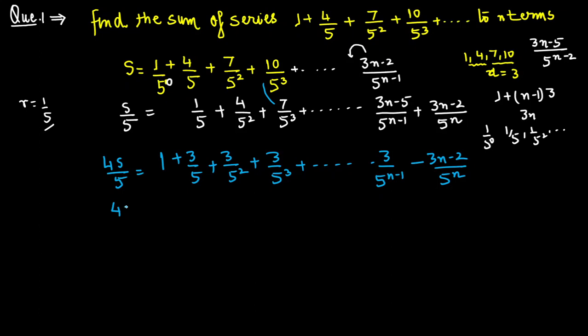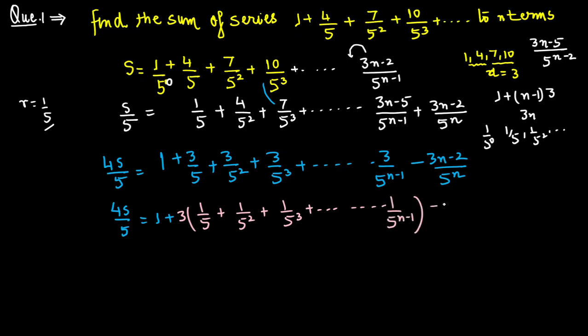Now if you take 3 common, the remaining terms are 1 by 5 plus 1 by 5 square plus 1 by 5 cube, and it is forming a pure GP, 1 upon 5 to the power n minus 1, but the number of terms is n minus 1. The first term is 1 by 5 and the common ratio is 1 by 5.